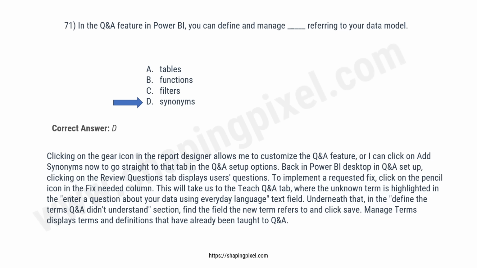These will take us to the teach Q&A tab where the unknown term is highlighted in the enter a question about your data using everyday language text field. Underneath that, in the define the terms Q&A didn't understand section, find the field the new term refers to and click save. Manage terms displays terms and definitions that have already been taught to Q&A.